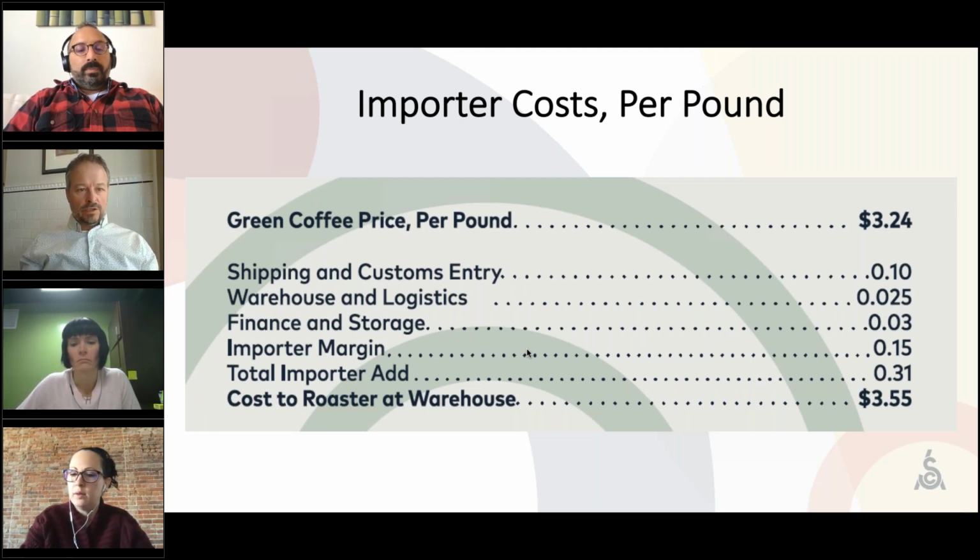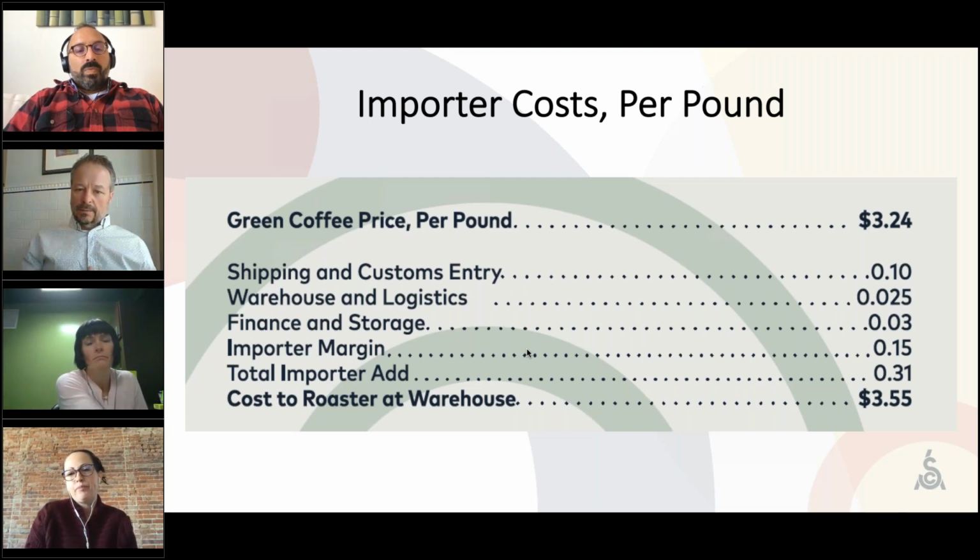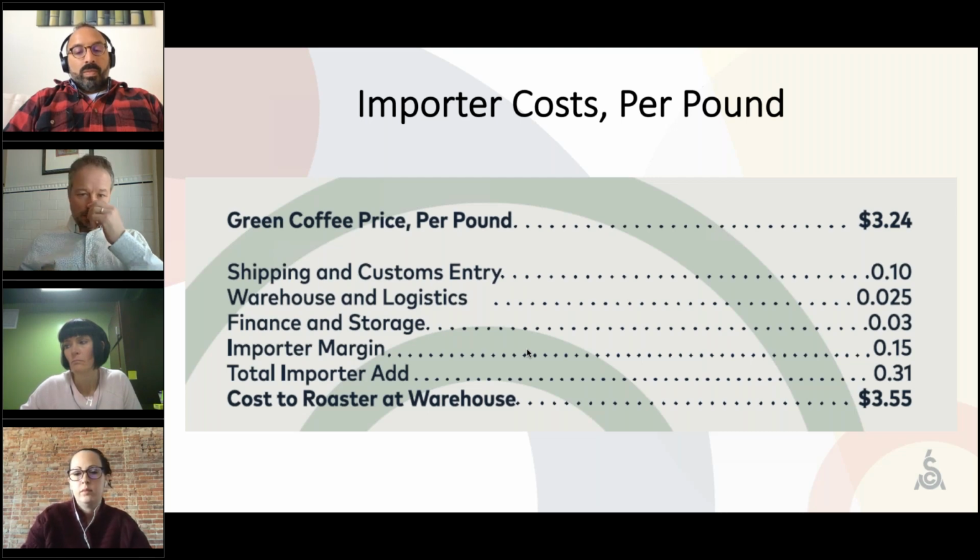Okay, so a brief overview is that an importer is going to provide services to you, and sometimes those will bridge over into negotiating origin prices or financing and other components.